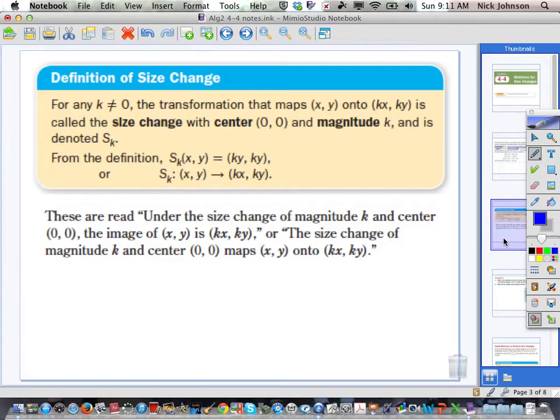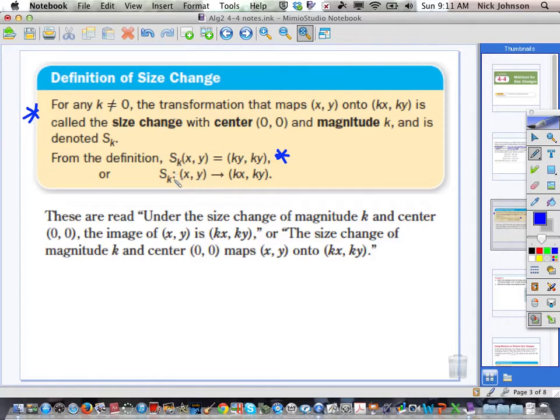The definition of a size change. For any k where k cannot be equal to 0, the transformation that maps x comma y onto kx comma ky is called a size change with center 0, 0 and magnitude k. Okay, my center is the origin, and it is denoted as S of k. I like to use this way to write the definition, but you will see this mapping way.